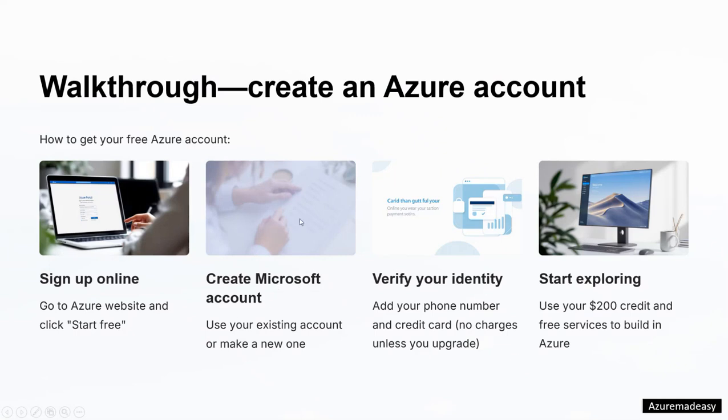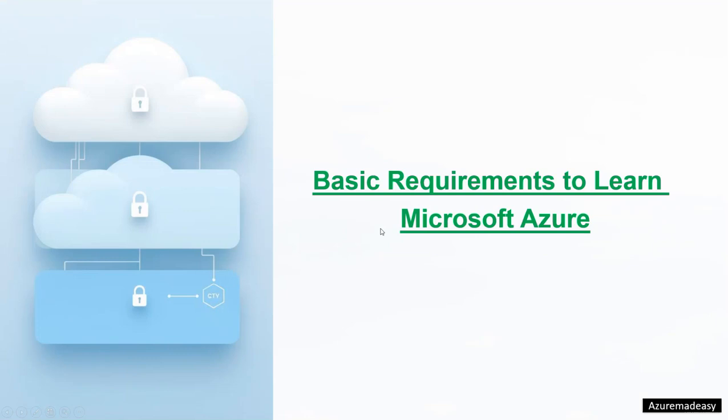But it is preferable that you create a Microsoft account first, then sign up for the Azure website, and then verify your identity. After successful validation on the basis of your card identity, you will be given the credits. That's how you will start exploring with the 200 credits and the free services. So that is what we are giving with the account.